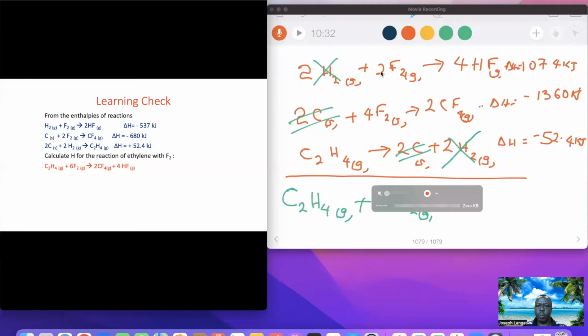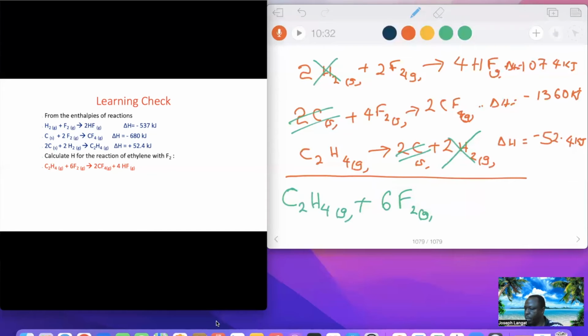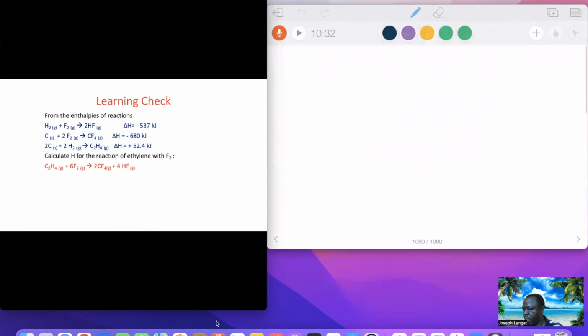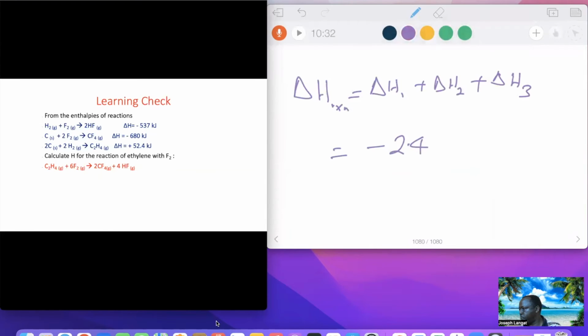It's coming from here. 2 plus 4 is 6, going to 2CF4 gas plus 4HF, and then delta H for the reaction is given by delta H1 plus delta H2 plus delta H3, which will give you negative 2.4 times 10 raised to 3 kilojoules.